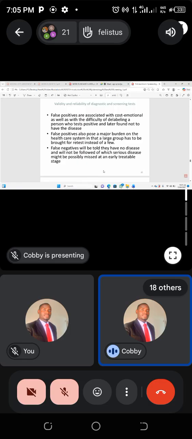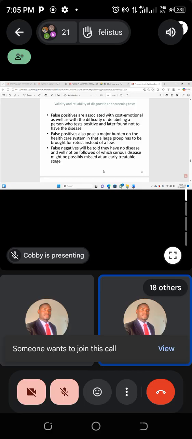Again, false positives also pose a major burden on the healthcare system, in that a large group has to be brought for retest instead of a smaller group. Just like I was saying, if more people test positive, we need to do another test, so we're going to have a lot of people, which wastes resources.